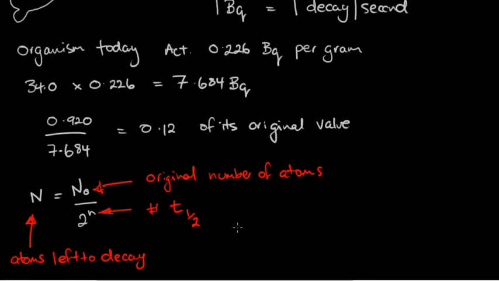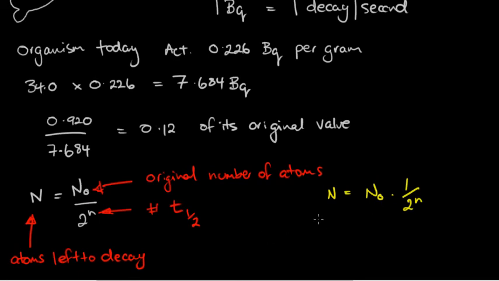We can rearrange this equation easily enough. N is equal to N0 multiplied by 1 on 2 to the n. Simple mathematics there.